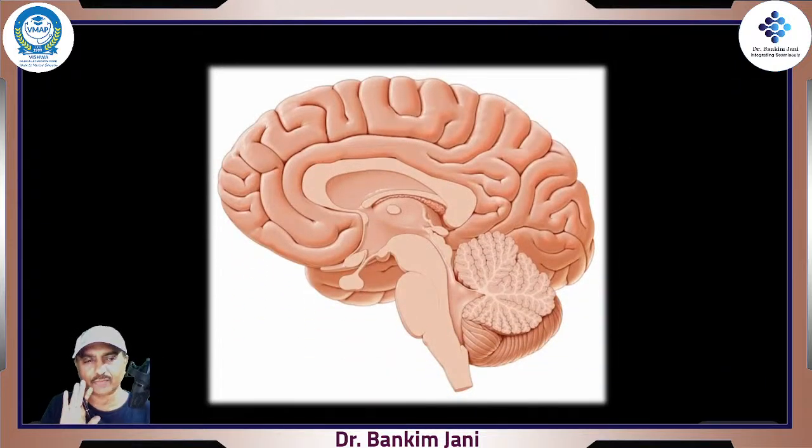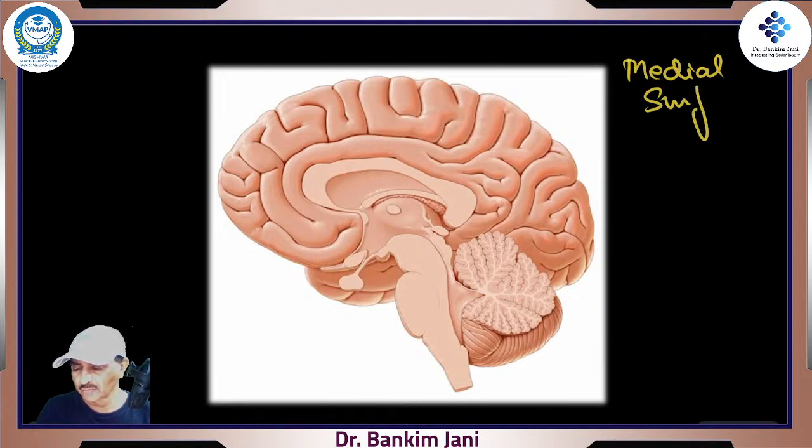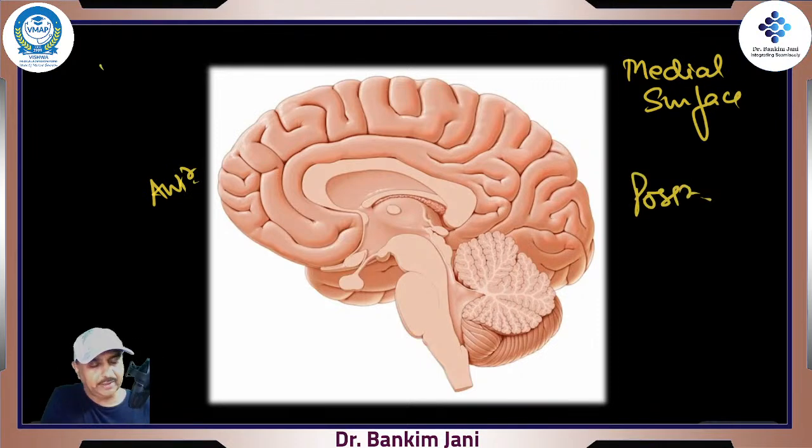We are watching the medial surface. This is anterior, this is posterior. That means we are watching the right half of the brain. The way this is the right half, exactly the same way there would be the left half, and when we combine both of them, that is the full brain.